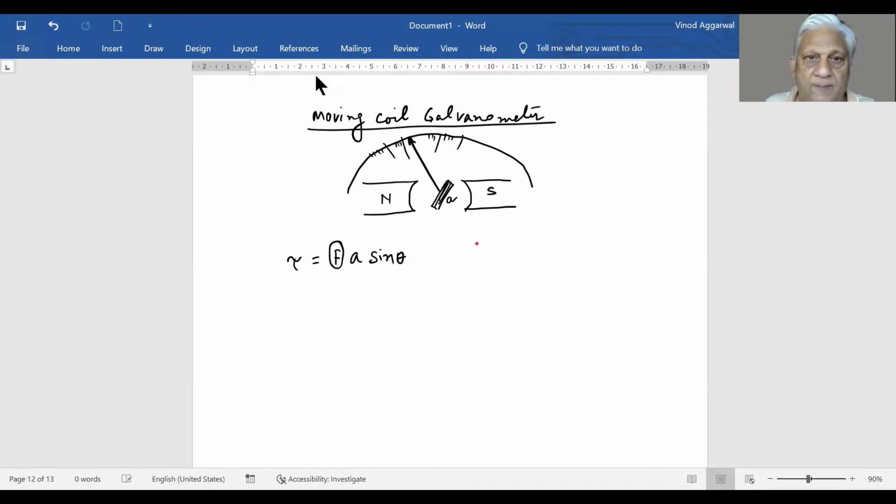This force is the force on the arm of the coil, which is basically making the couple.